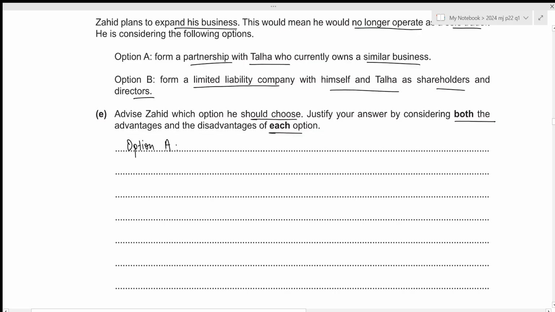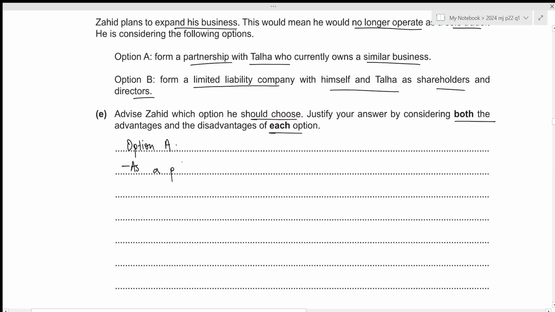For option A, we're considering forming a partnership with Talha, who currently owns a similar business. So the first advantage would be that a partnership will have more capital compared to a sole trader. And since Talha currently owns a similar business, it means that as a partnership, there will be more expertise available. Let's write it down.